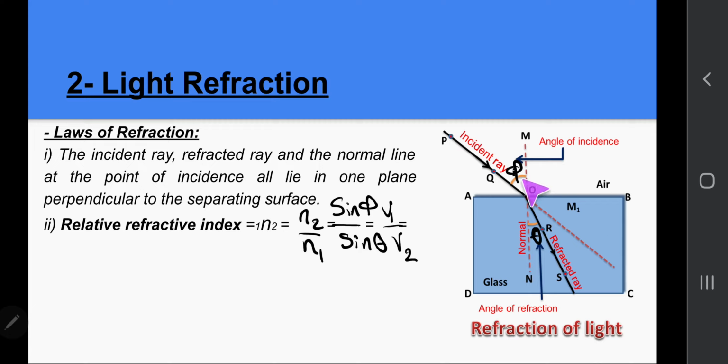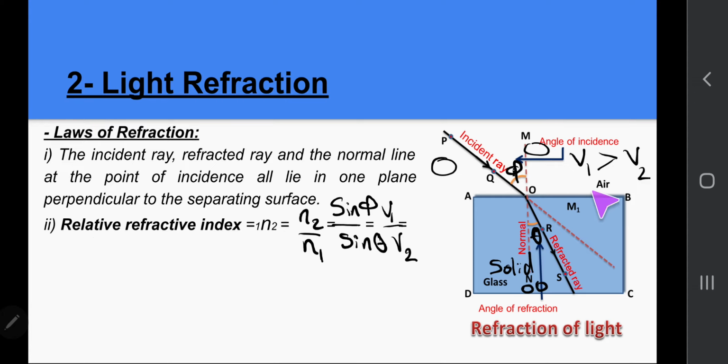And the velocity of light in air is more than the velocity of light in glass, because air is a gas and the molecules of the gas are far from each other, so the light travels with more speed. But glass is a solid, and the molecules of a solid are close to each other, so the ray travels more slowly. So V1 is more than V2. V1 over V2 is the relative refractive index.